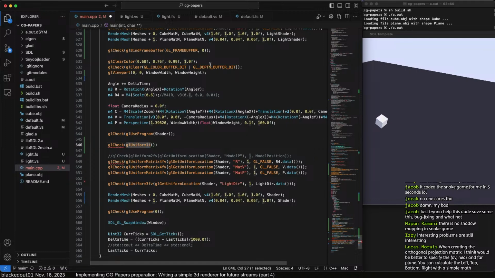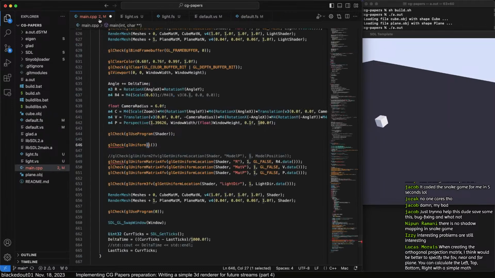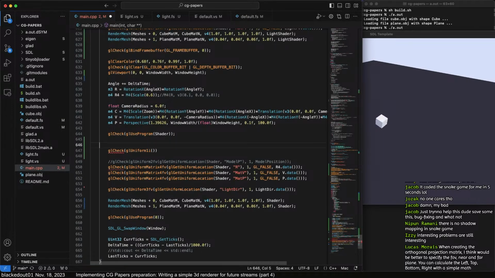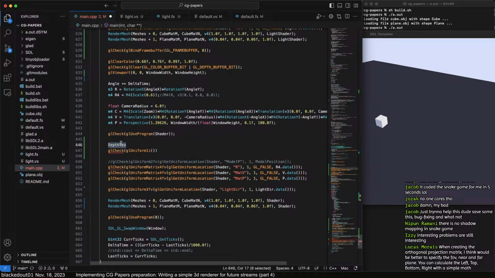That's a bit weird, but we have our handle, the depth text. So that's the handle of our texture. But we don't pass this directly.